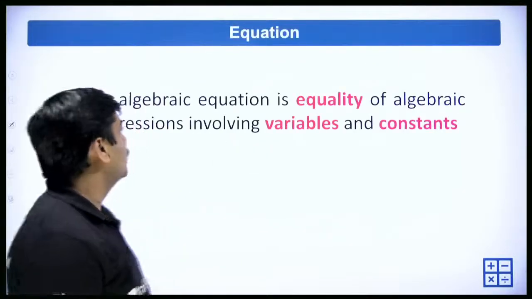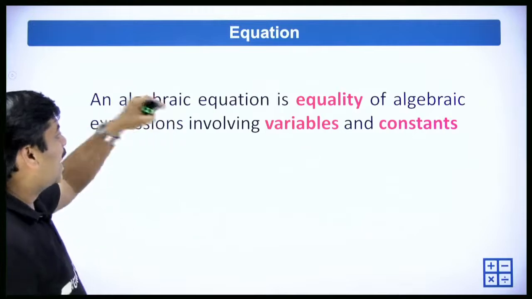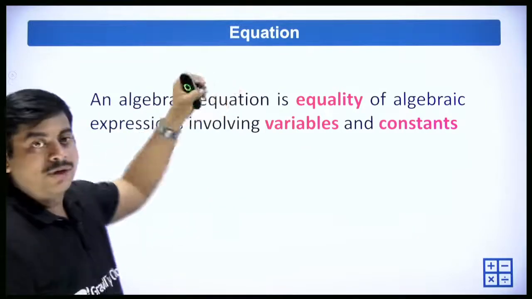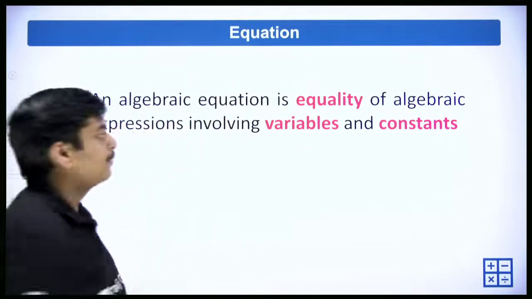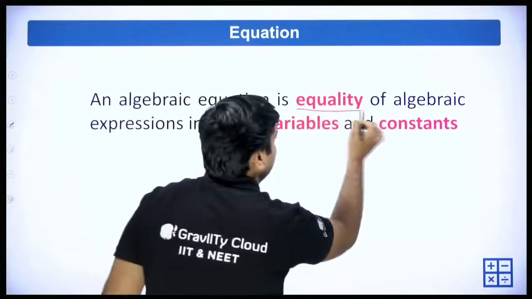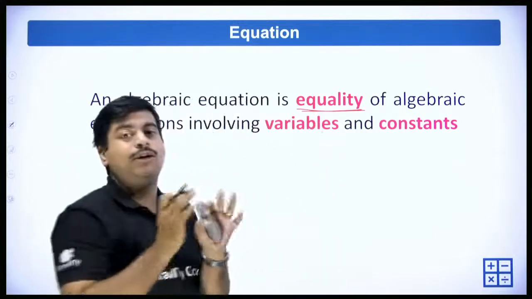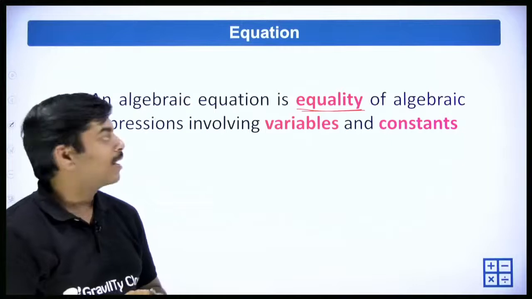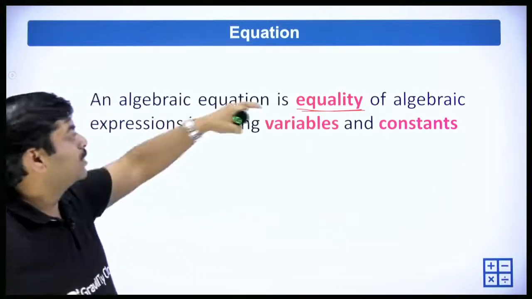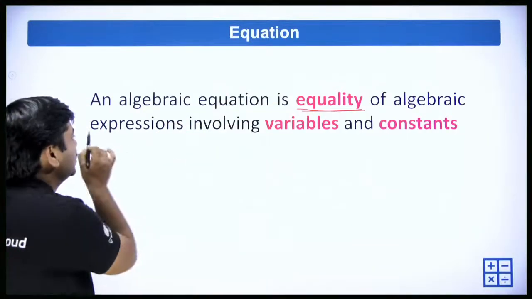The first one we are going to discuss is the algebraic equation. We are discussing equality; as I just told you, there should be an equal to symbol. An algebraic equation is an equality of algebraic expressions.